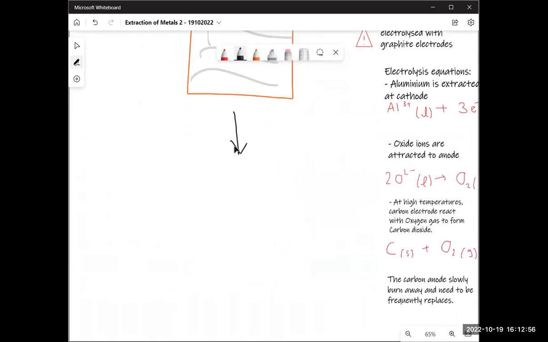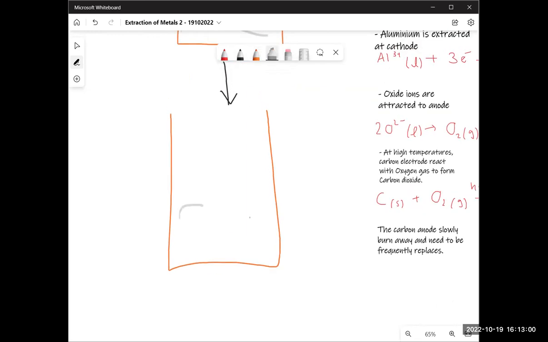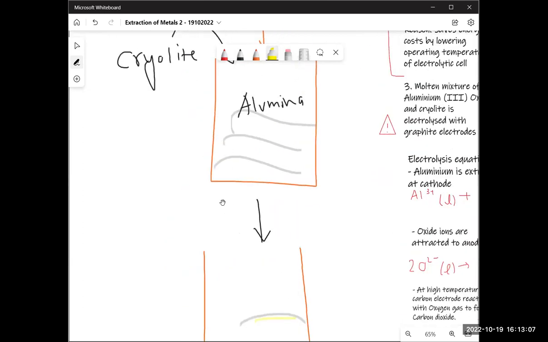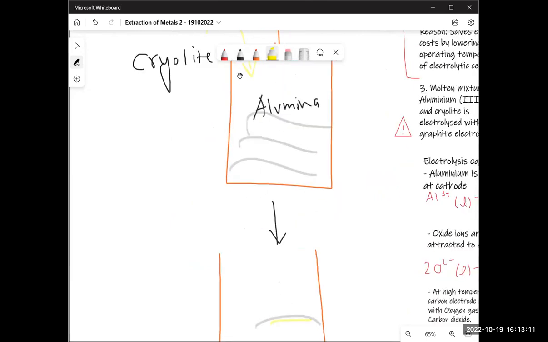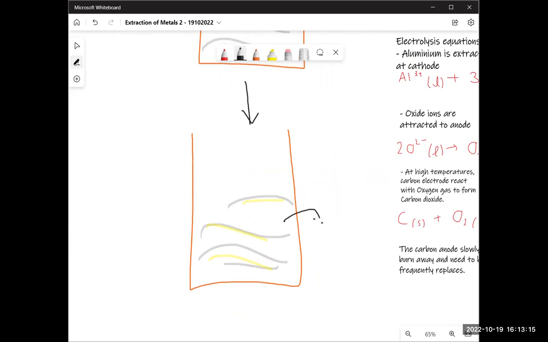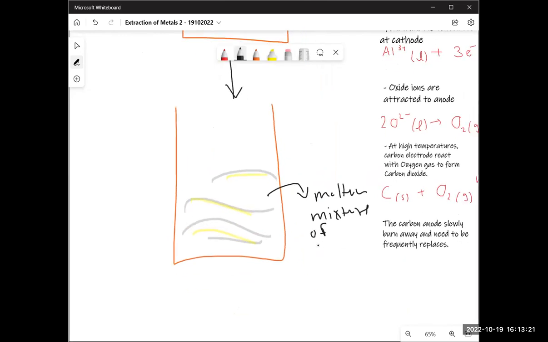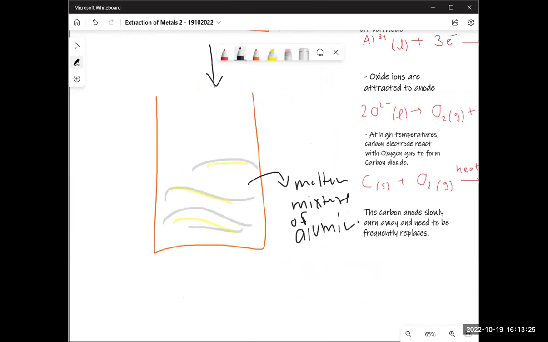Then I'll get a new mixture which has alumina in it and also some cryolite. Cryolite is, by the way, yellow. When I add cryolite, I get a molten mixture of alumina, which I already had, and the added cryolite.